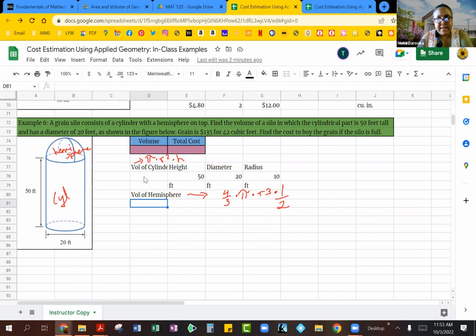So let me verify the answer you guys gave me for the cylinder. This one over here is going to be pi. Remember, for pi we are using 3.14. You multiply that with your radius squared, so the radius raised to the second power, and then we're multiplying it by the height of our cylinder, which of course is 50 feet.